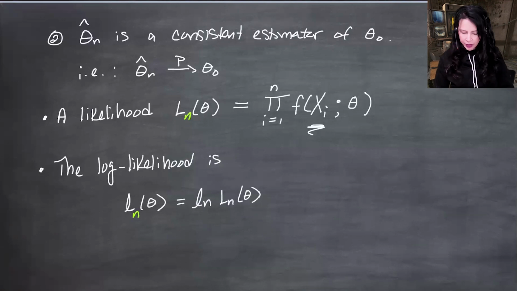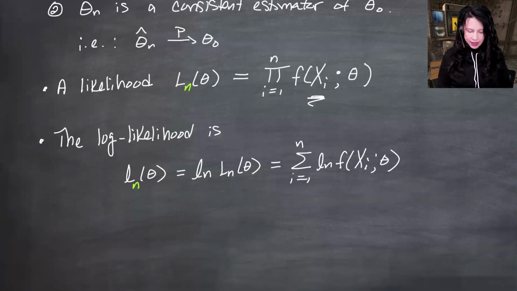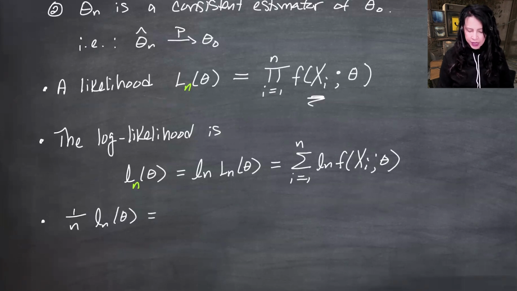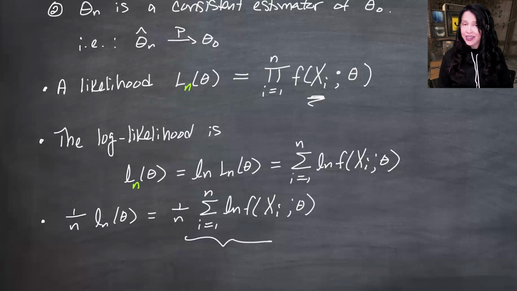And if you take the log of this product, you get a sum of logs of f of capital Xi and theta. So check this out. I am going to put a 1 over n in front of this, which means I get 1 over n, the sum as i goes from 1 to n of the log of f of capital Xi and theta. And this is just an average.